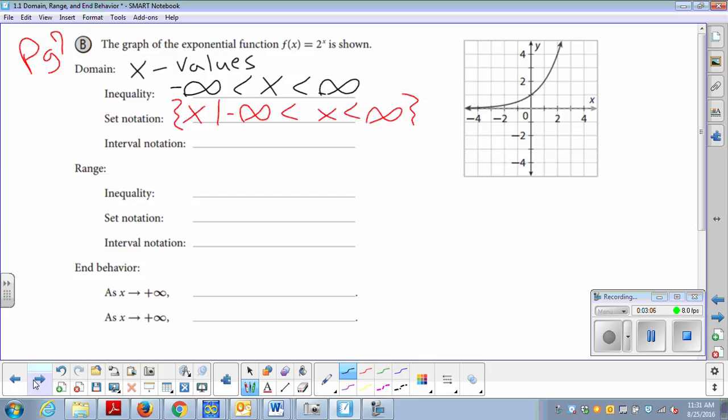The set notation, which is similar to the inequality, is x such that x is greater than negative infinity but less than positive infinity. And the interval notation will have two parentheses with a negative infinity and a positive infinity.